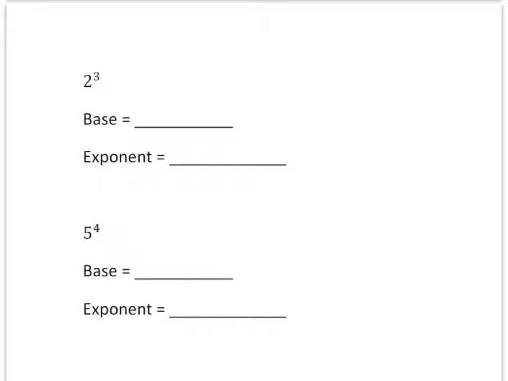Let's practice these. The base number is going to be 2. Your exponent is going to be the smaller number, which is 3 in this case. For the bottom one, you have 5 as your base number, and then your exponent is going to be your little number, which is 4.